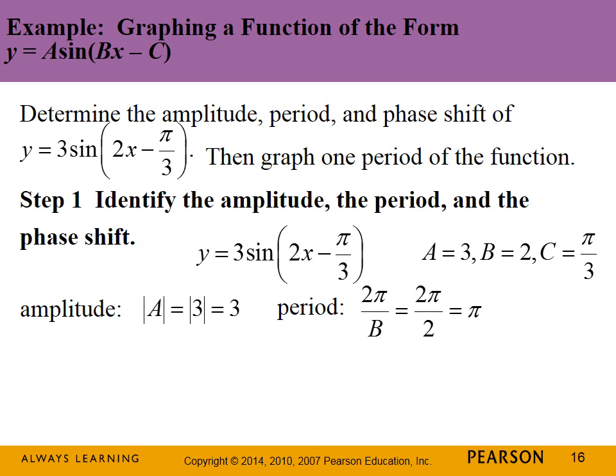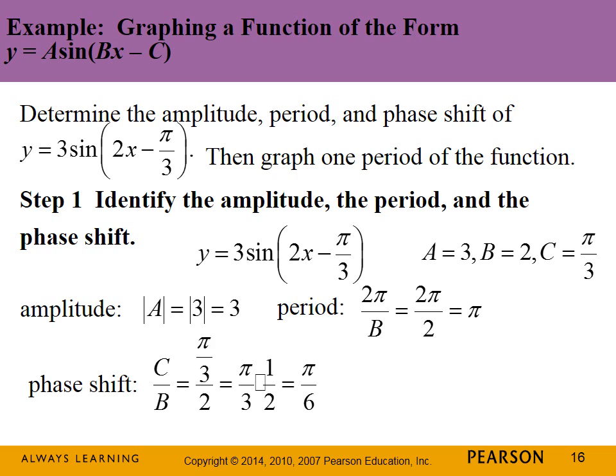And then the phase shift is c divided by b, so that's going to come out to pi over 3 divided by 2, which means the same thing as pi over 3 times 1/2, and that's pi over 6. So what that means is that this graph is going to be shifted horizontally pi over 6 units to the right. Now again, in the graphing procedure that I described a little earlier, we don't really have to use the phase shift. That kind of takes care of itself.